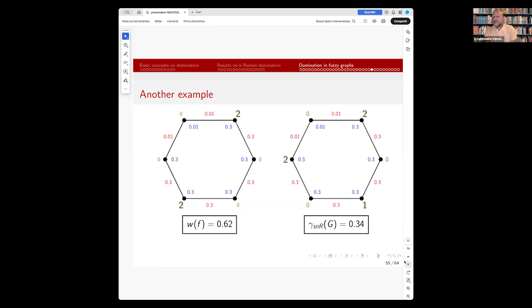And this is quite confusing, because we are familiar with the strategy to find the minimum Roman dominating function in classical graphs, and we always try to assign the minimum number of positive labels in the graph.